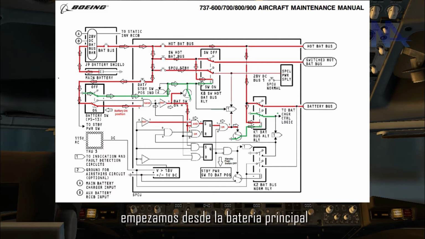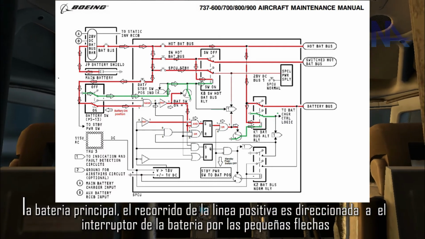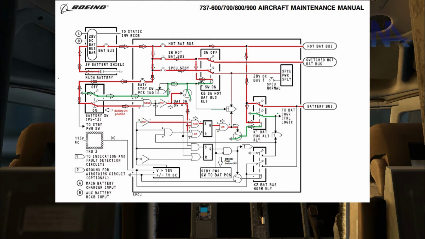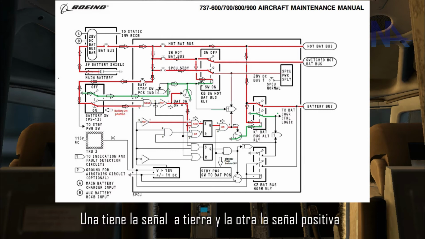We start from the main battery. The travel of the positive line is directed to the battery switch by the little tiny arrows we have there. From the battery switch two lines come out. One has a ground signal and the other a positive signal.